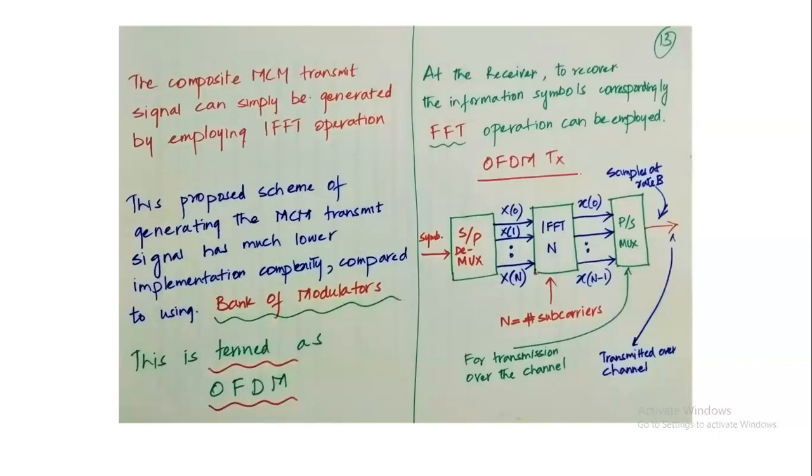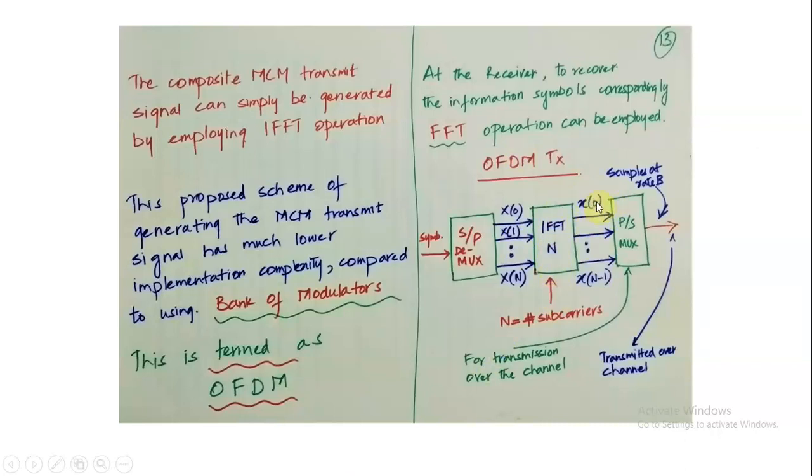We have symbols coming in serial, so we convert them into parallel by a demultiplexer. We now have symbols ranging from x0 to xn, where n is also equal to the number of subcarriers. We have an IFFT block here, which is a block of information processing implementing IDFT, a fast algorithm of implementing IDFT.